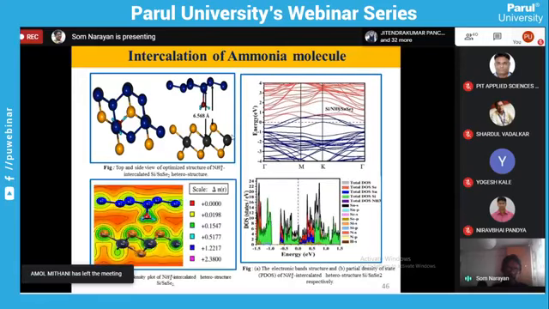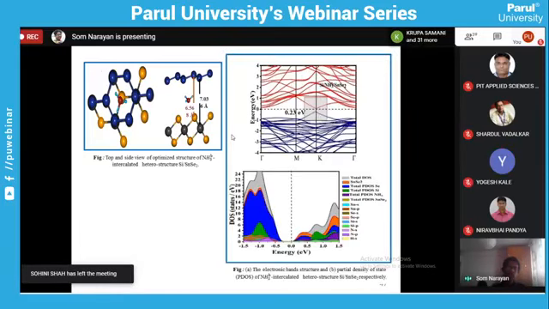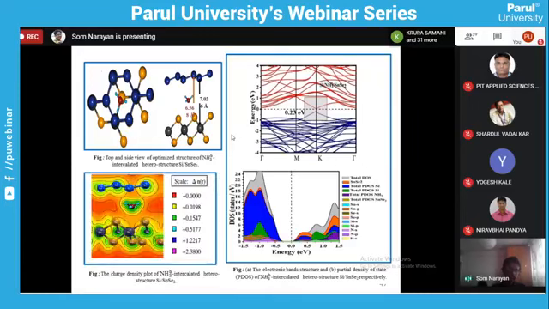But in the case of hydrogen towards the silicon, the distance between silicon and SnSe2 increases because of van der Waals interactions, and the charge transfer is also minimal, and a band gap of 0.23 eV is achieved. So indeed intercalation also tunes the properties of the material.